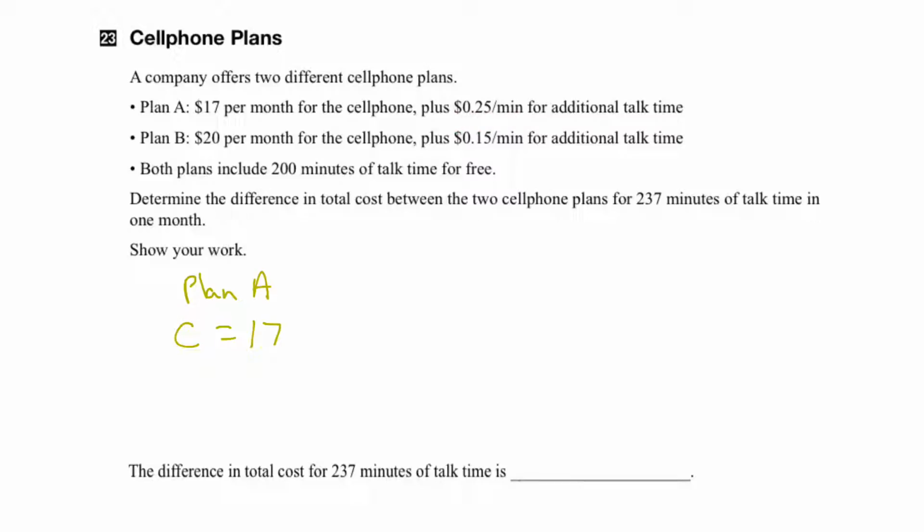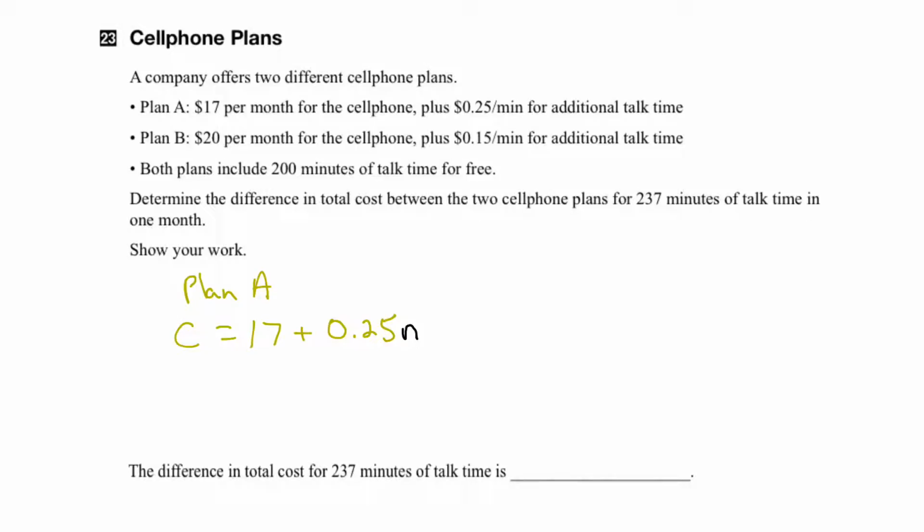So we say that as plus 0.25 times the number of minutes that we're going to use. And I'm going to write in N here to represent the number of minutes, or in this case actually the additional minutes that we're going to be using each month.